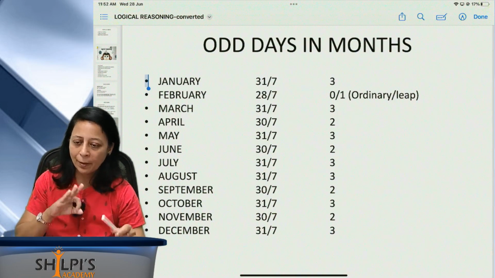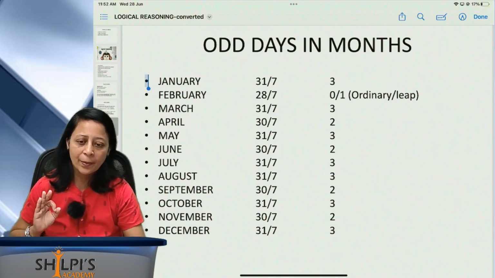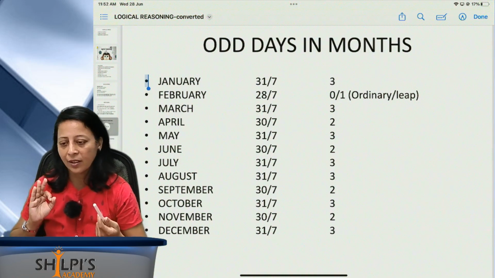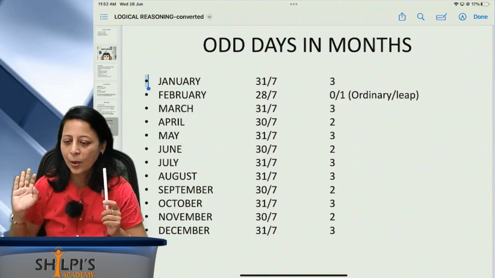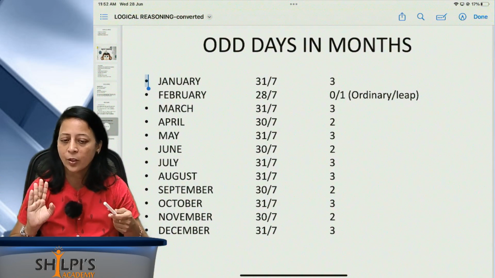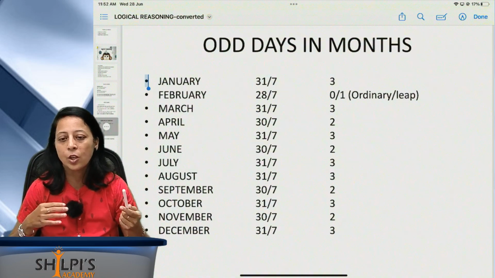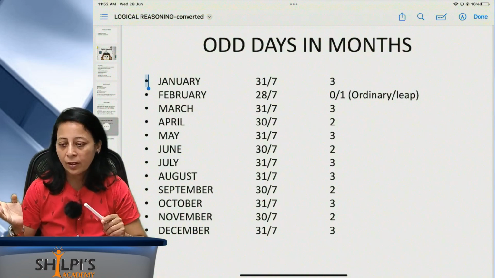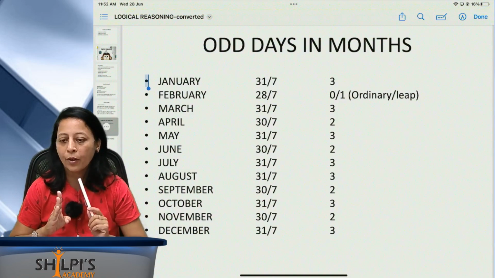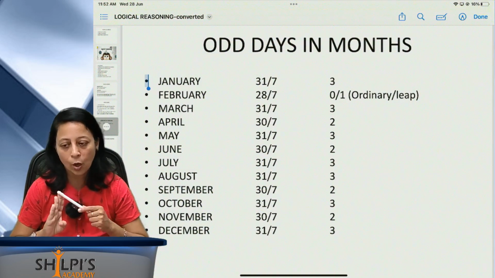Now coming back to February. If it is an ordinary year, you know that it has 28 days, so 28 divided by 7, you will be left without any remainder, which means 0. So during an ordinary February, you will have 0 odd days.